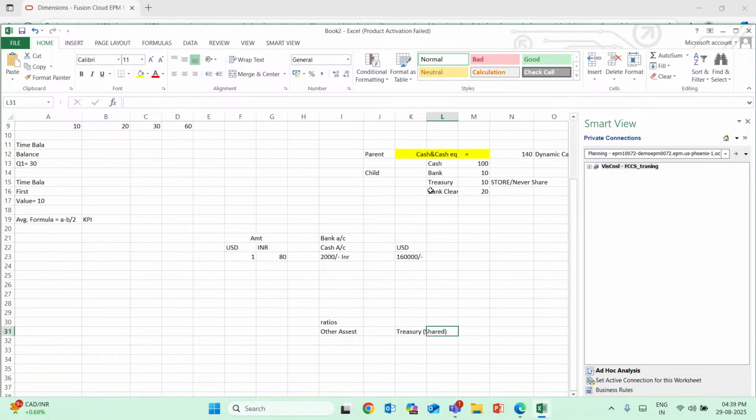Like a repeated member in the same hierarchy is represented as a shared member.